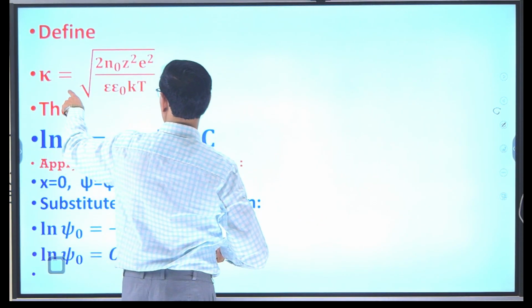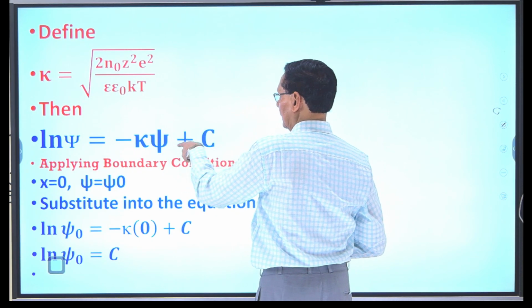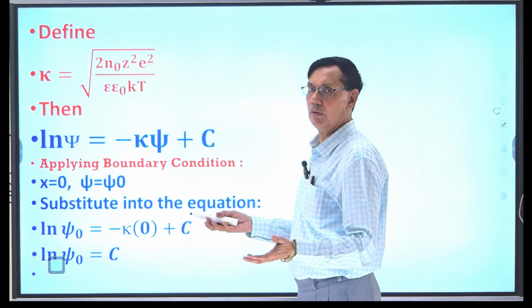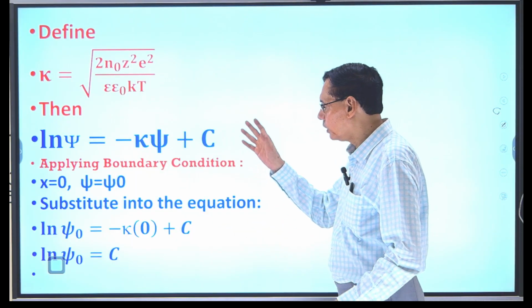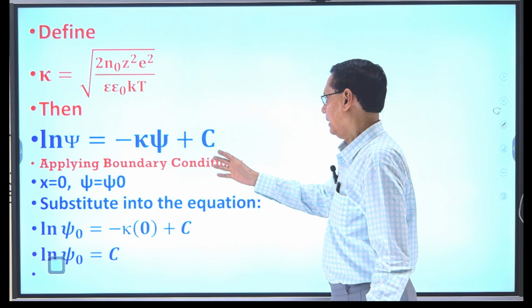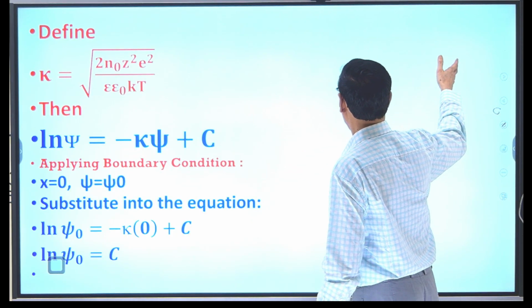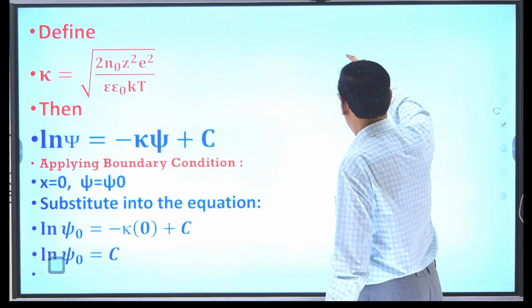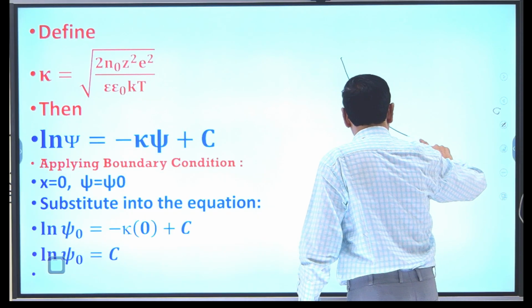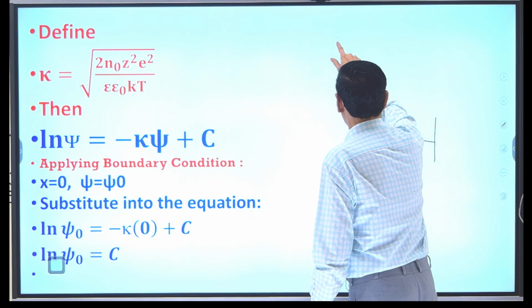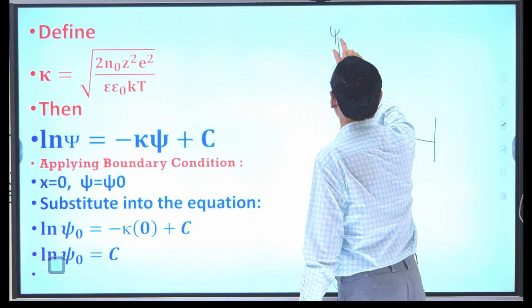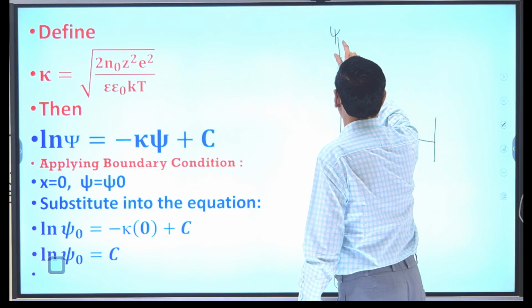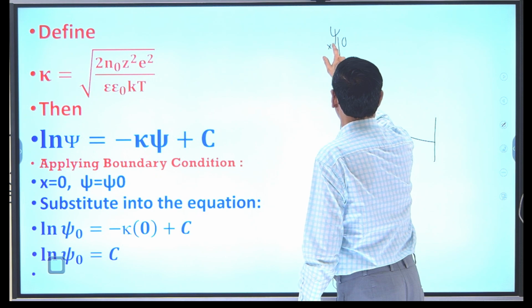So we just integrate it very simply. We see that log natural psi is kappa x plus c and applying the boundary condition that psi at x is equal to 0 first condition and psi is equal to psi 0 at infinite distance. So there, just like that. Here is potential x0, x is equal to 0.